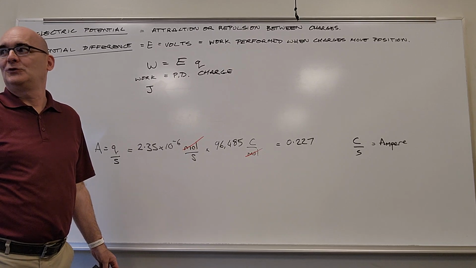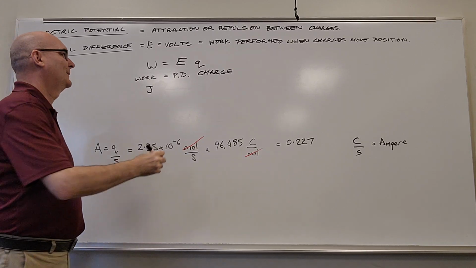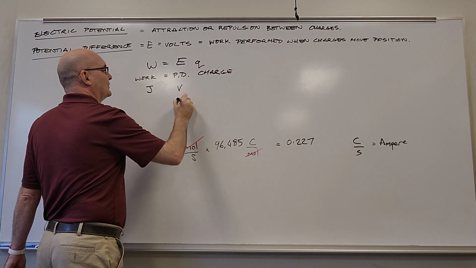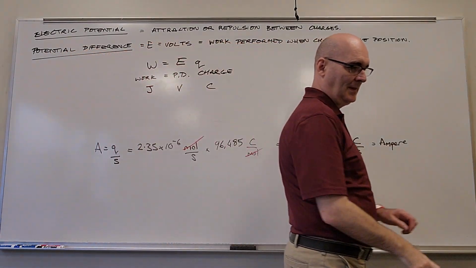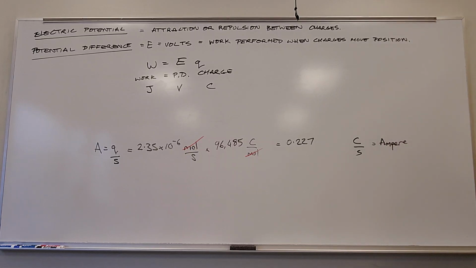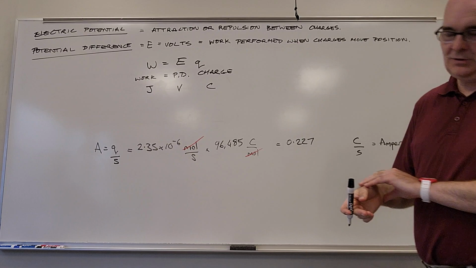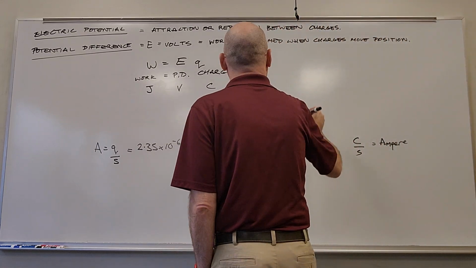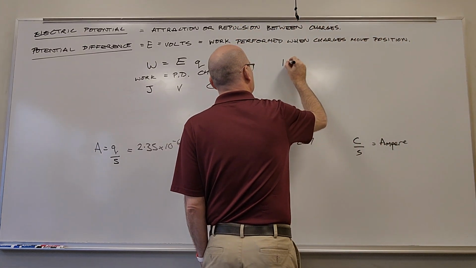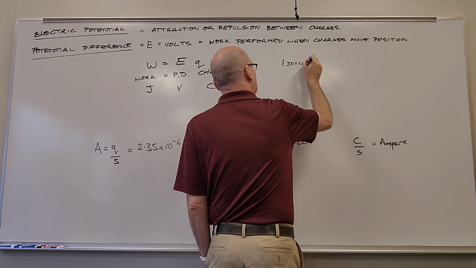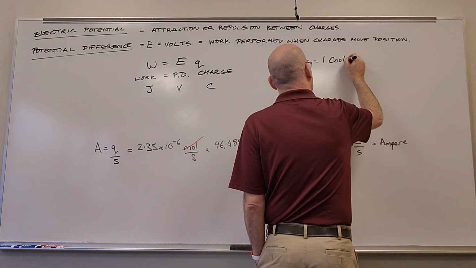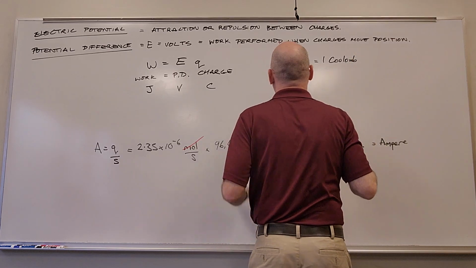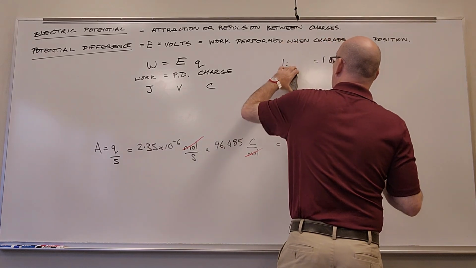Although we could do joules per something else, but it's going to be in volts, and that's in coulombs. 1 joule is 1 coulomb moving between a potential of 1 volt. Joule and coulomb, these are all people.